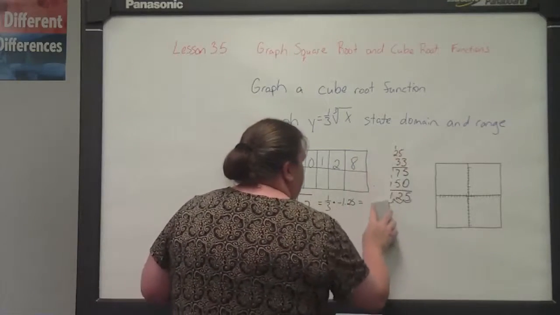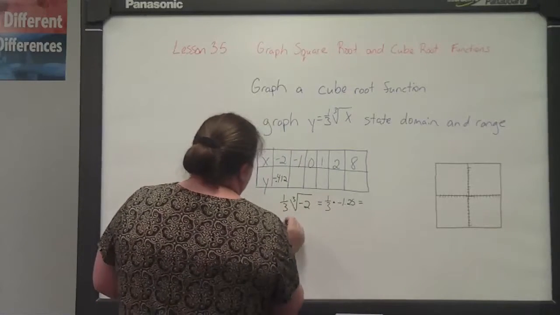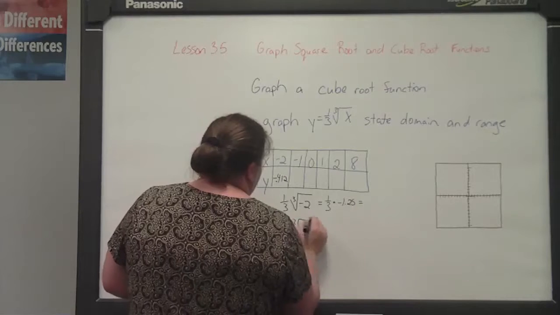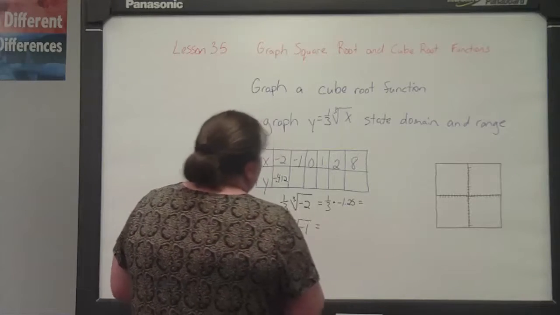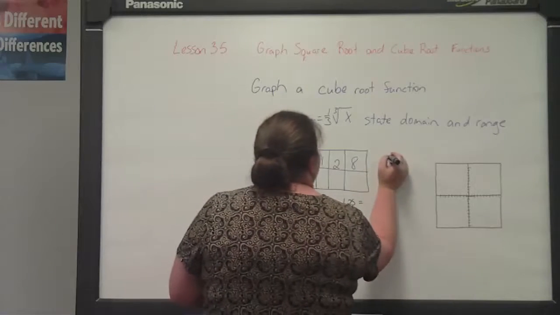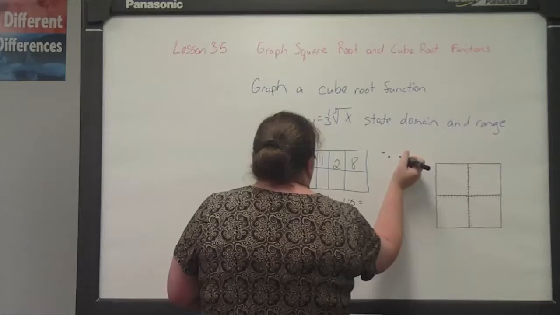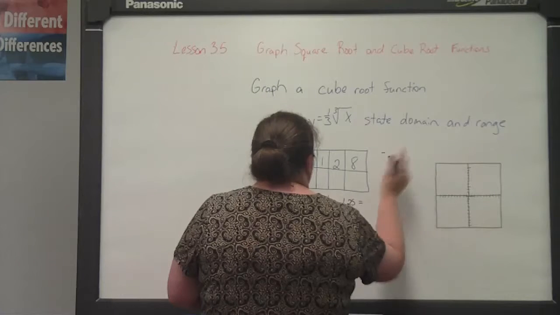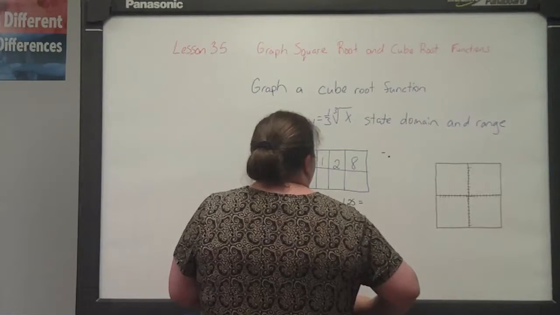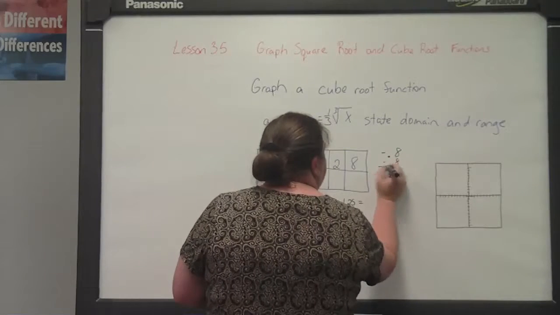Now, I'm going to erase, and we're going to go again with 1/3 the cube root of a -1. So this one, it needs to be a little bit under. So I'm going to say a negative 0.8 times a -0.8.